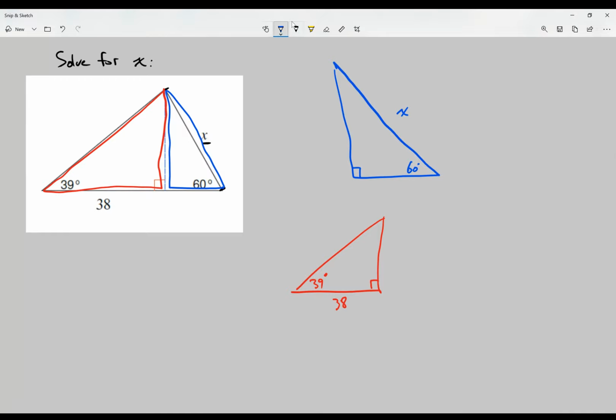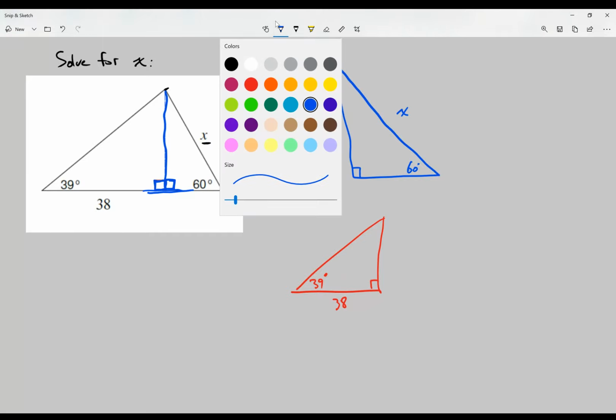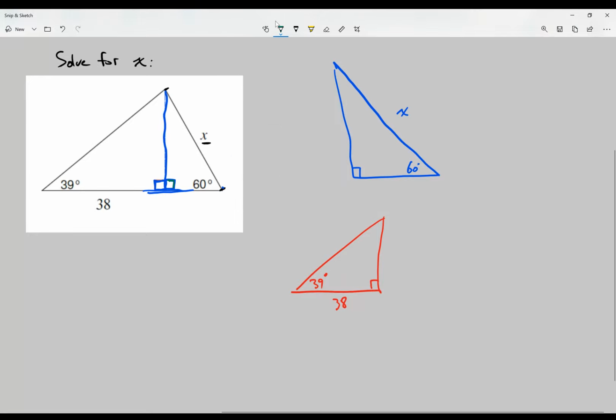Now, it didn't give us that. It didn't tell us that that angle in the blue triangle is 90 degrees, but we can know that for certain because if this angle right here is 90 degrees, well, then if I've got a straight line touching another straight line right here, then this other angle absolutely has to be 90 degrees because the angle on a straight line is 180 degrees.